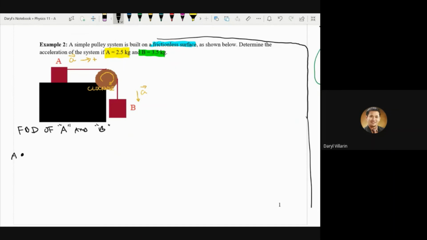Well, if you can see, it's lying on a horizontal surface. So therefore, there should be FGA, okay? And you have normal force in this case.